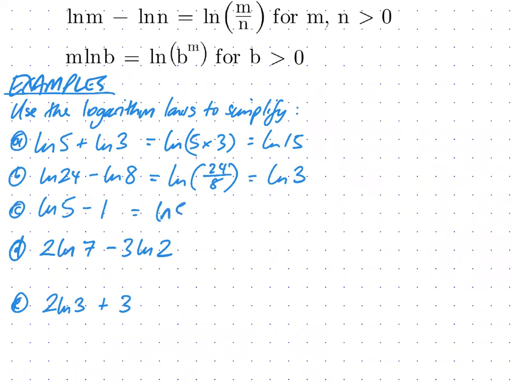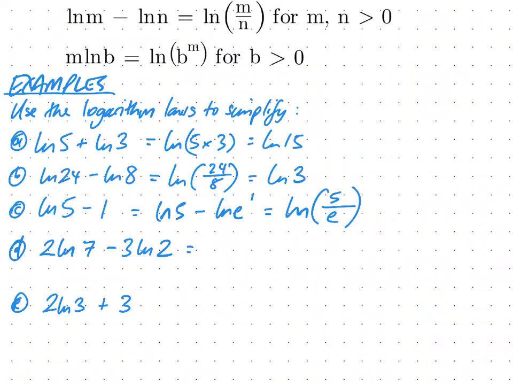So rewrite ln 5 take ln of e to the power of 1. This is a subtraction, so it's going to be ln of the number of interest in the first one divided by the number of interest in the second one, which was e. ln of 5 divided by e, or 5 over e.